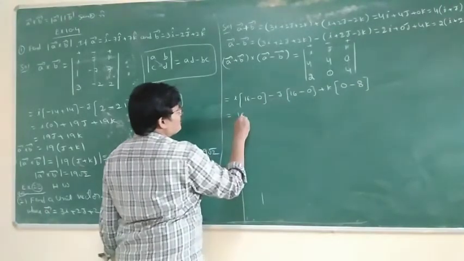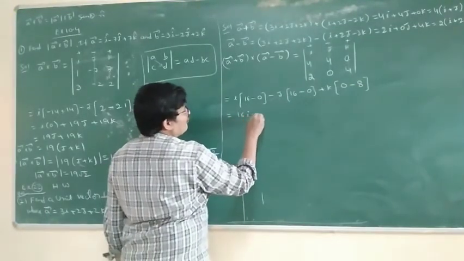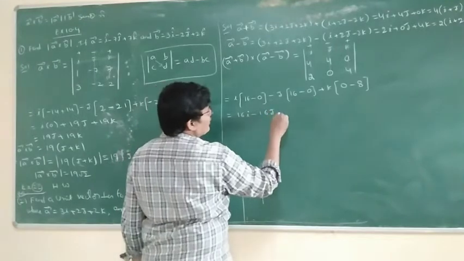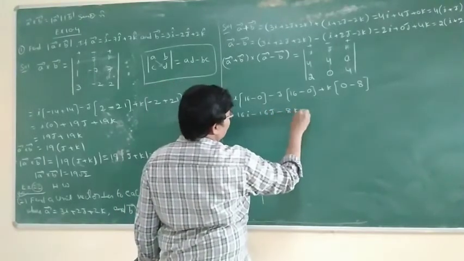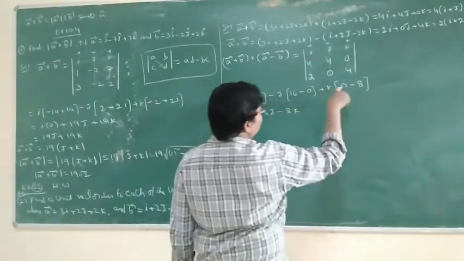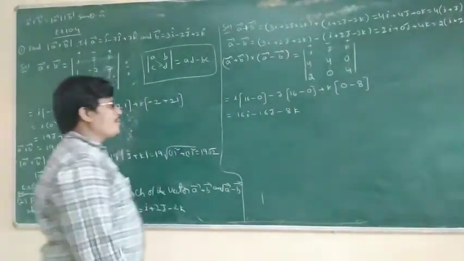So that is equal to 16i minus 16j minus 8k.